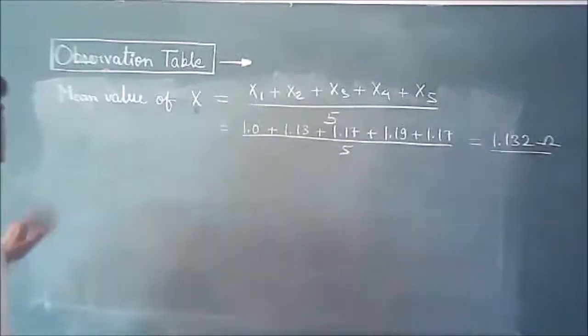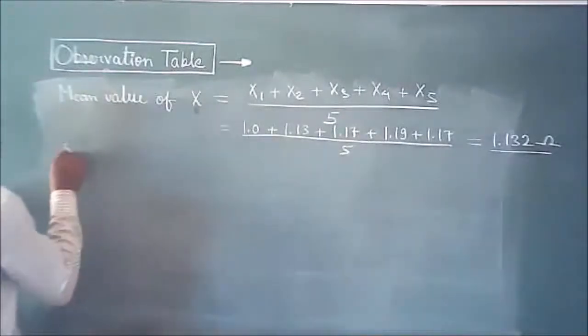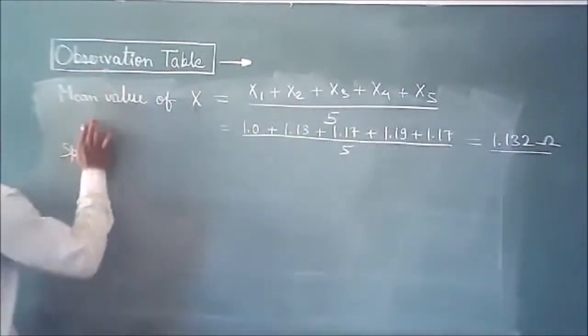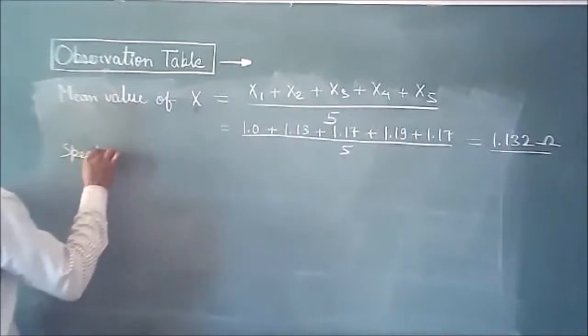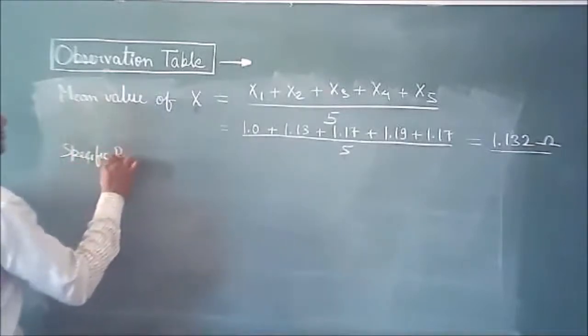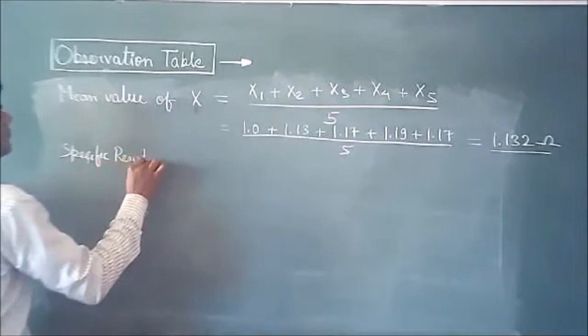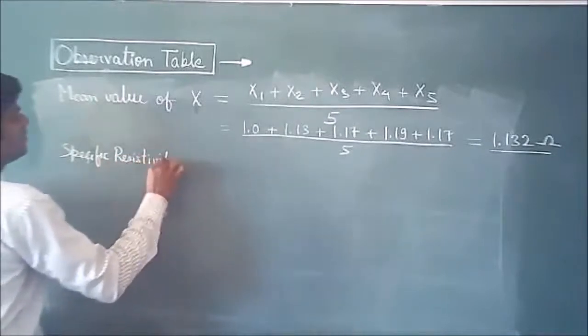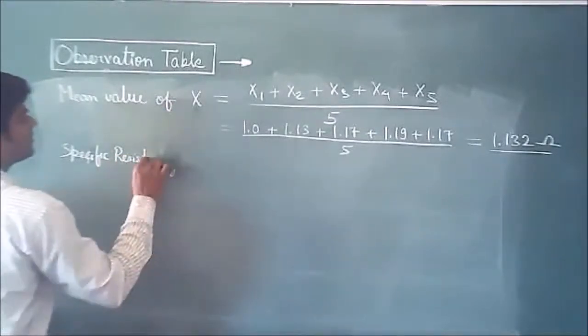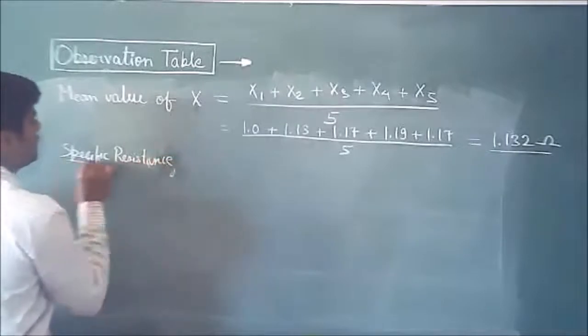But here we will not be done, because we also have to calculate the specific resistance or resistivity, specific resistance as it is also called. So let us calculate that.